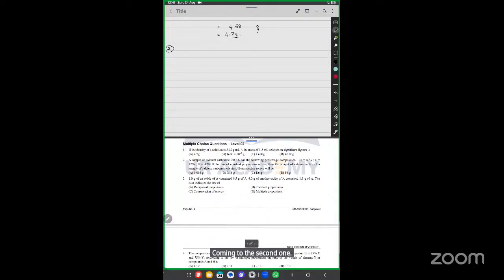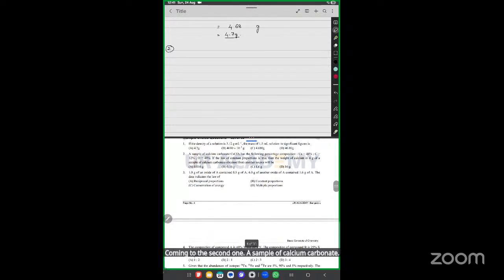Coming to the second one, a sample of calcium carbonate, CaCO3, has the following percentage composition: calcium is 40%, carbon is 12%, oxygen is 48%.